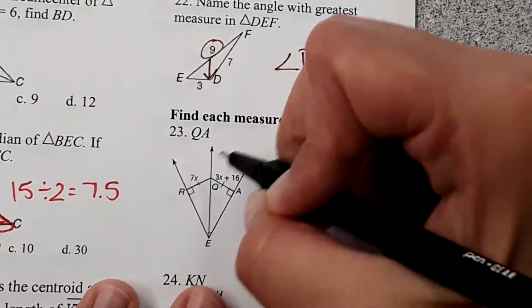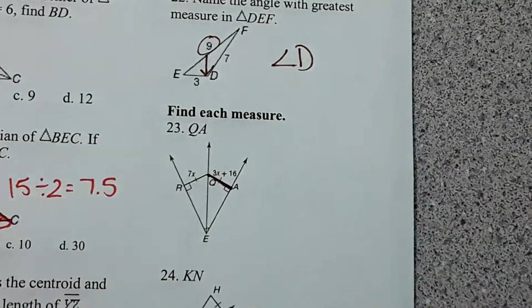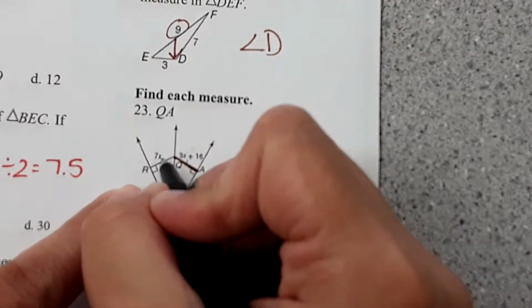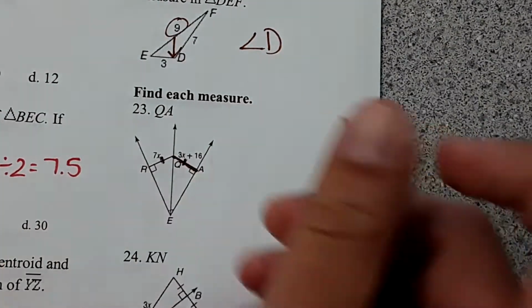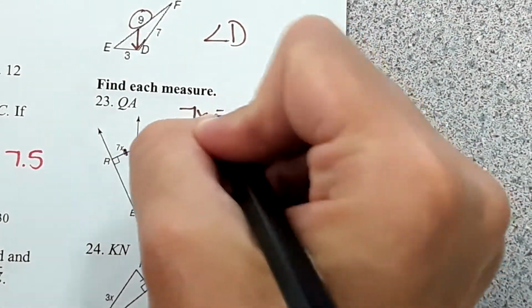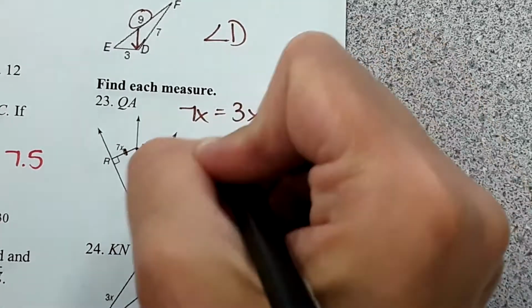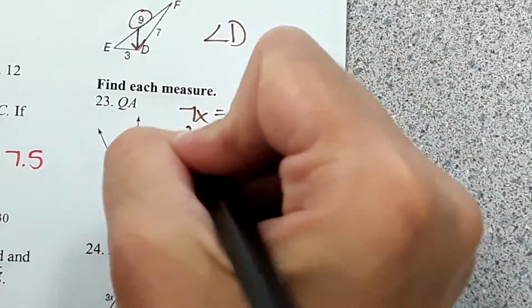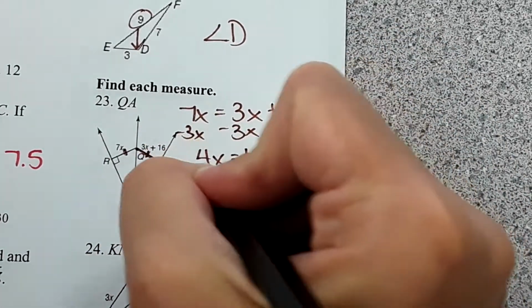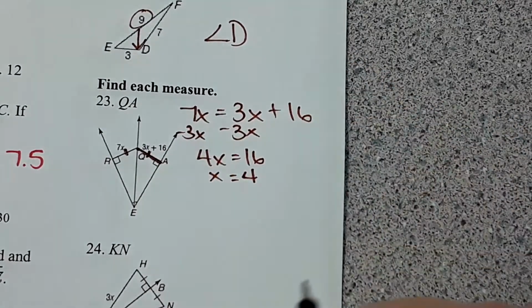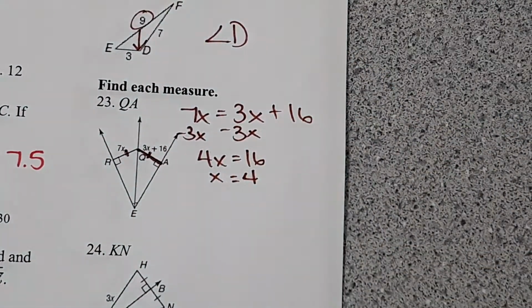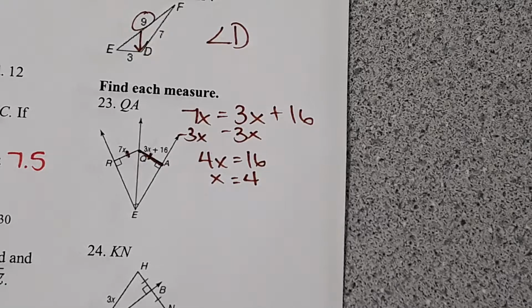23, find the measure of QA, this segment here. Well, based on what they're showing me, this is the same measure as this segment. So you can set these equal to solve for x. X equals 4. X equals 4 would be in the answer choices.